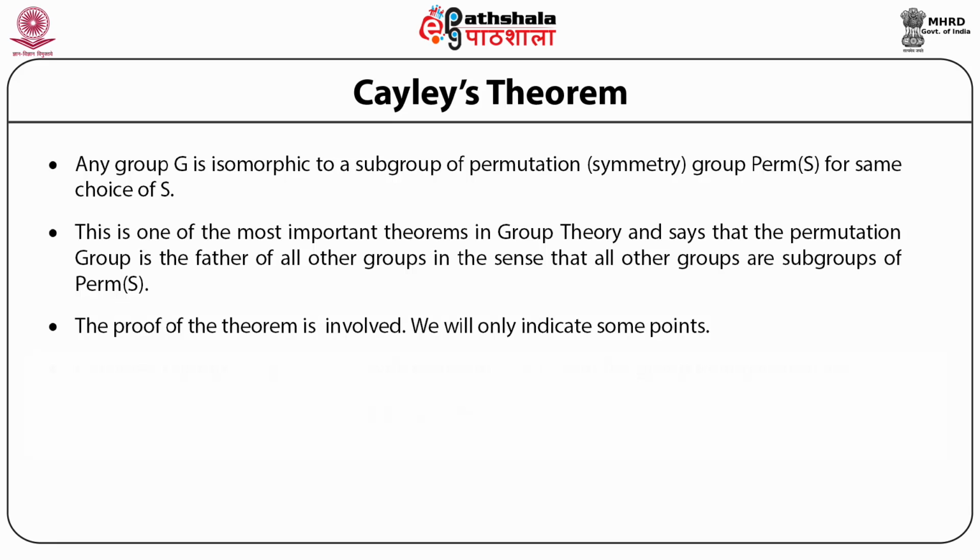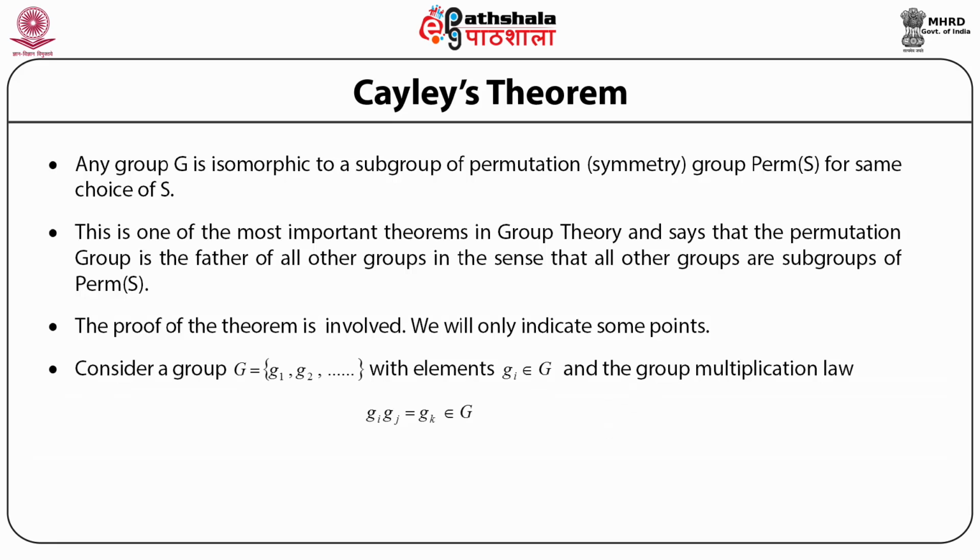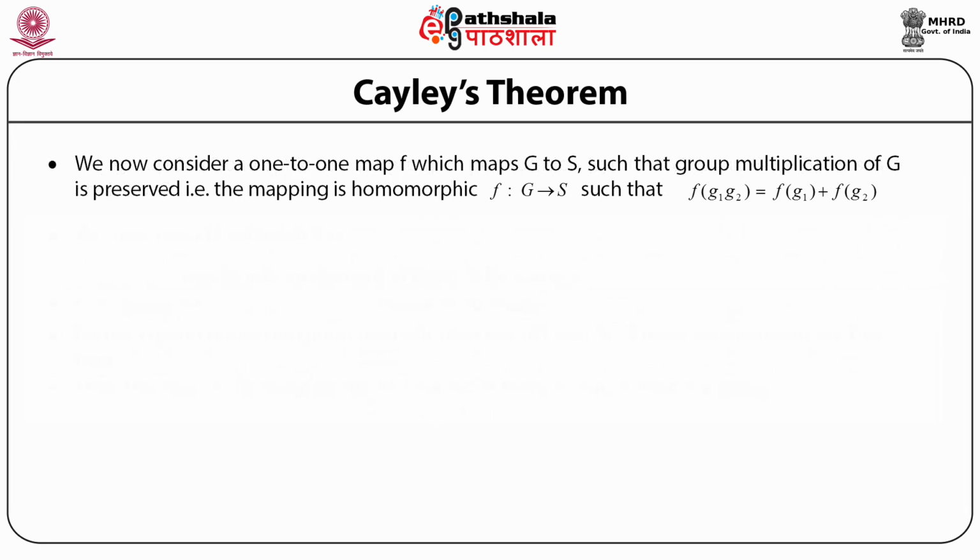The proof will not be given, but to prove it, we have to now establish certain things, which are the following. Consider the group G, whose elements are g1, g2, etc., which belong to the group G, and it has the group multiplication law, g_i g_j is equal to g_k, which belongs to G. We now consider a one-to-one map F, which maps this group G to the symmetry group S, such that group multiplication of G is preserved.